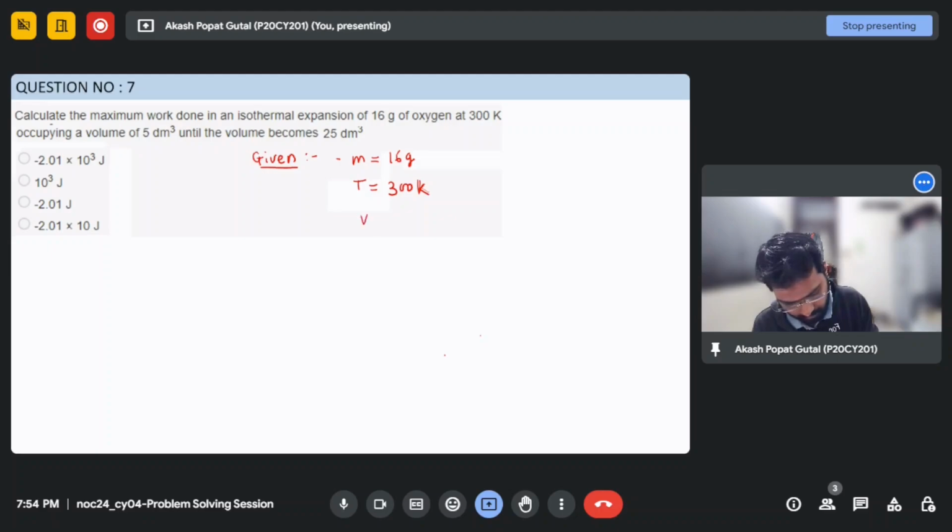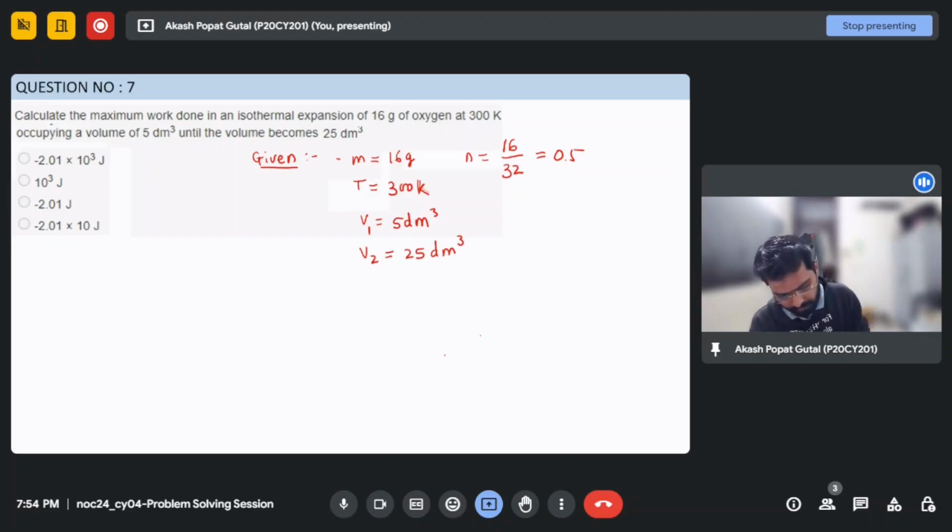And volume is 5 dm cube. That V1 is 5 dm cube and V2 is 25 dm cube. Let's quickly convert this 16 gram for oxygen. We need to convert this mass into number of moles. So number of moles will be 16 divided by molar mass of oxygen, 32, which is 0.5.